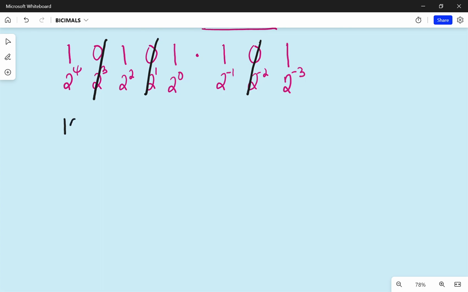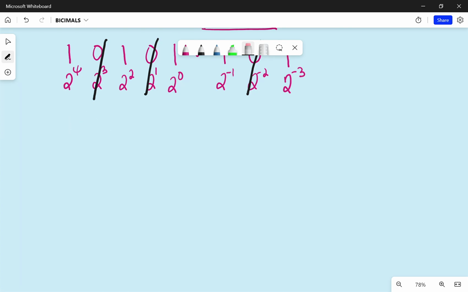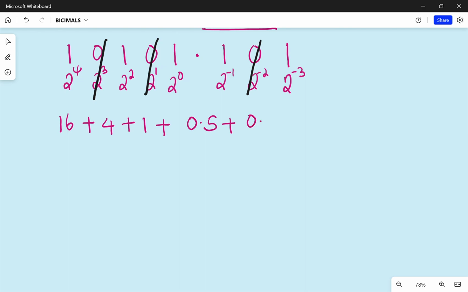So I've remained with 16 plus 4 plus 1 plus, now this is 0.5 plus 0.125 there. Okay, 0.5 plus 0.125.